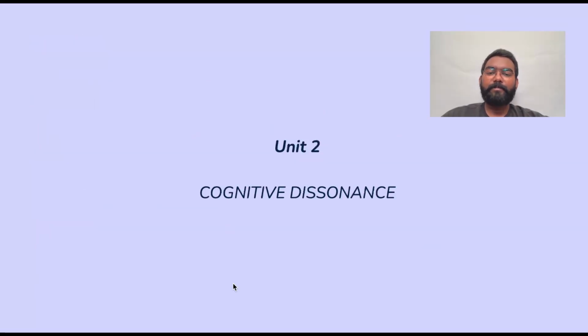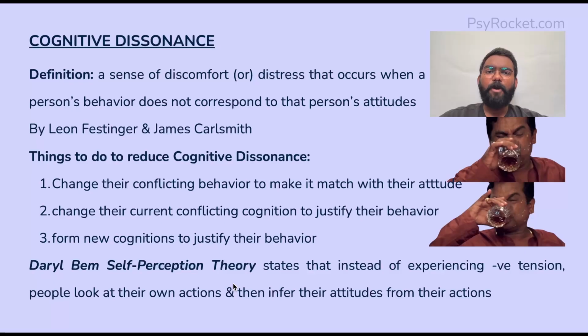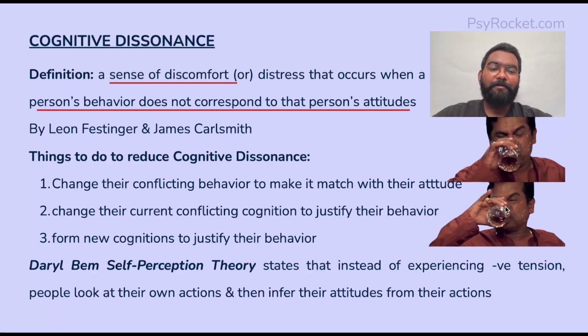Now coming to unit 2, cognitive dissonance. What is cognitive dissonance? It is a sense of discomfort that occurs when a person's behavior does not match that person's attitudes. Suppose you have certain attitudes. Let us say, in this example, I have added someone who is drinking alcohol.